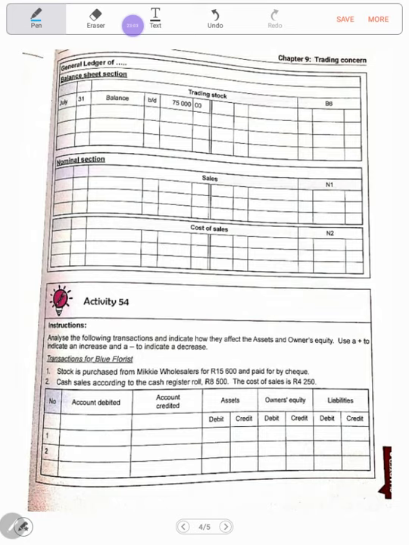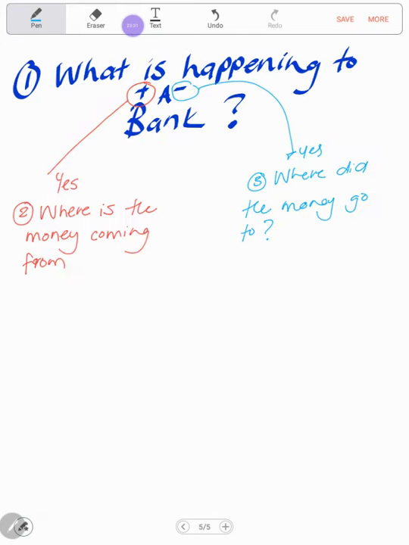So let's go through the transactions for Blue Forest. They told us that the stock is purchased from Mickey Wholesalers for 15,600, and this was paid for by cheque. All right. So grade 8s, what happened to bank when we purchase stock?